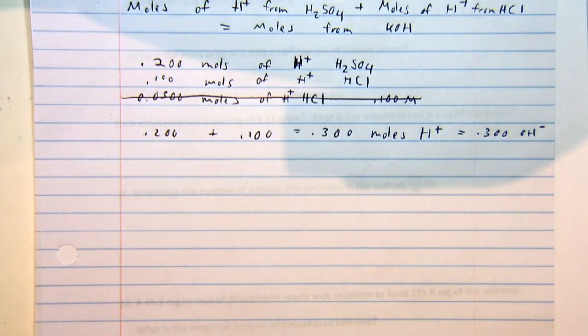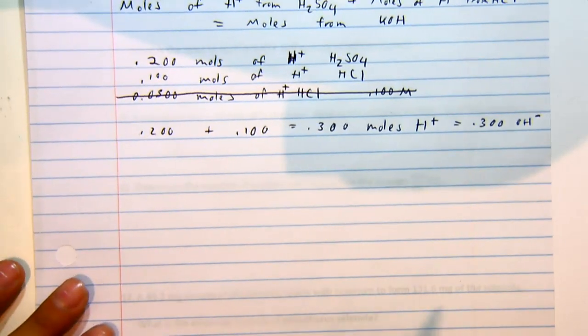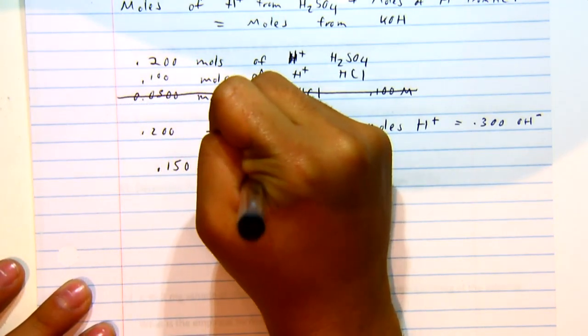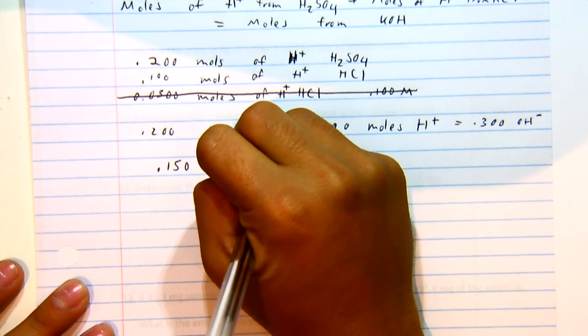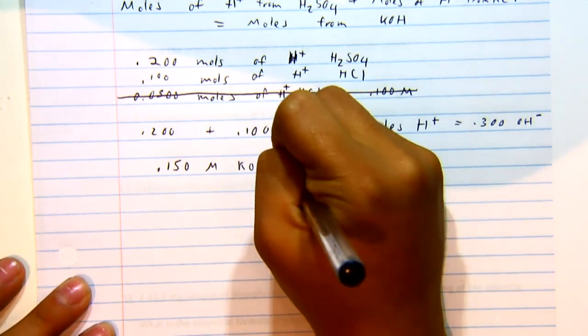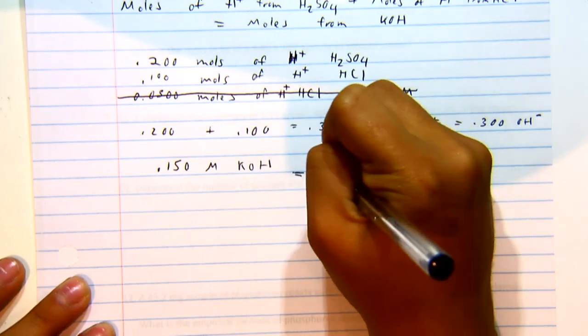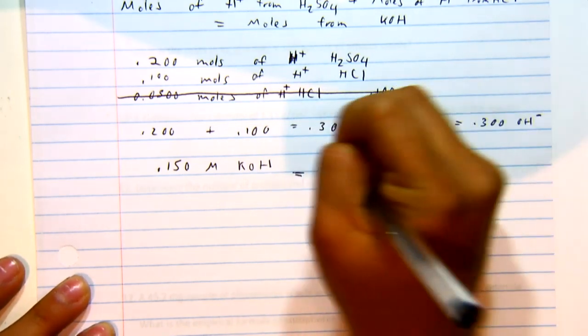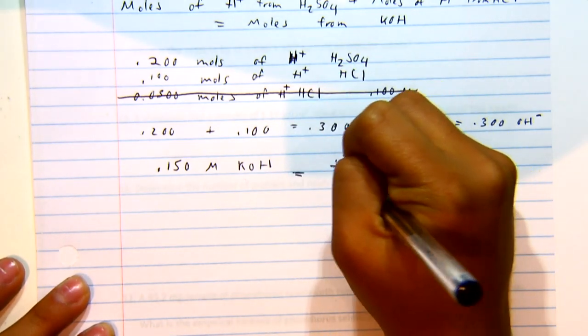To figure that out, we know the molarity of our base was 0.150 KOH, so we make that equal to the 0.300 moles to find our volume.